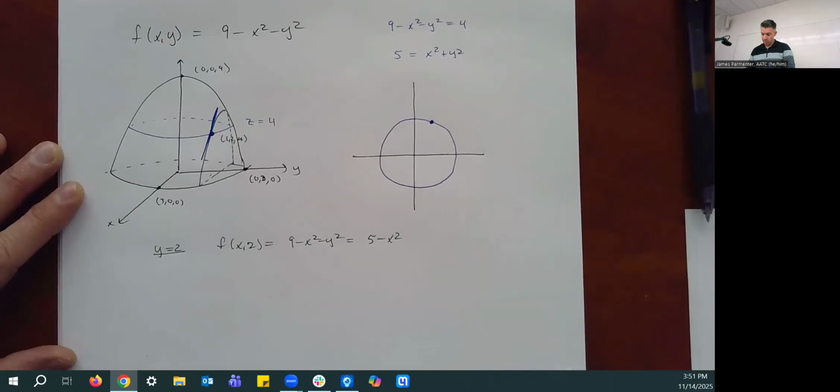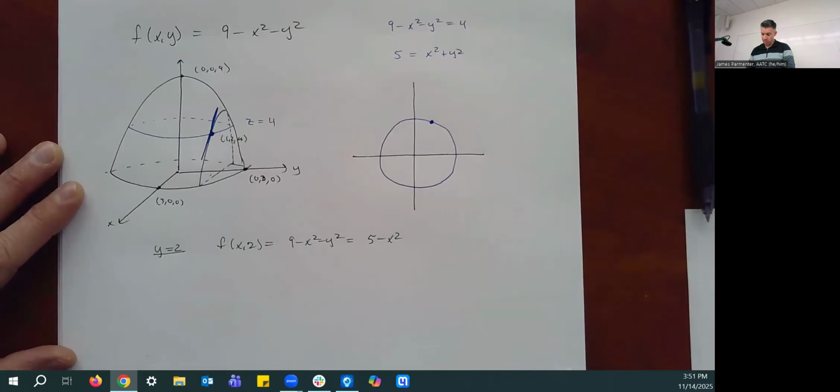We're asking about the partial derivative with respect to y. So we're holding x constant, living in the plane x equal to 1, and asking, as y increases, as we move to the right, what happens to the z values? At that point, the z values are also going to be decreasing. Our tangent line looks like this.